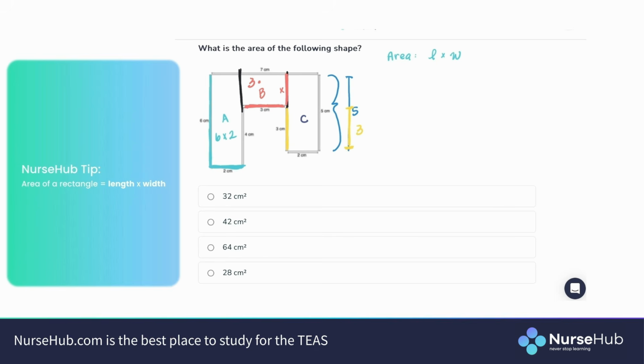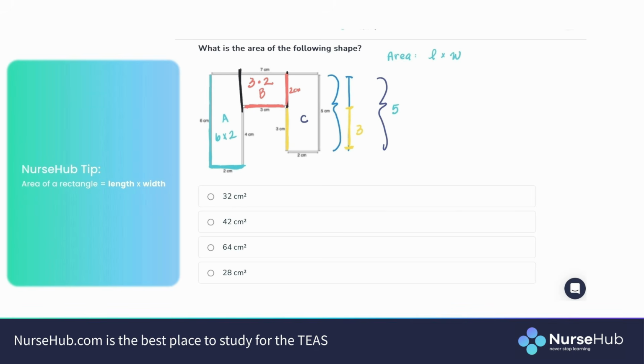So if the whole thing is 5, how much is that little piece? 5 minus 3 is 2. So this X value right here must be 2 centimeters. So that means that this rectangle here is going to be 3 times 2 centimeters.